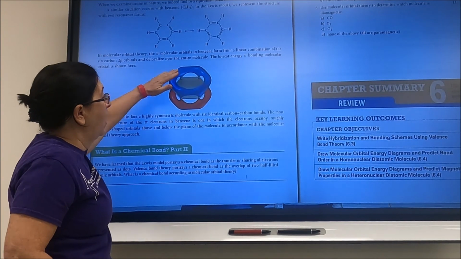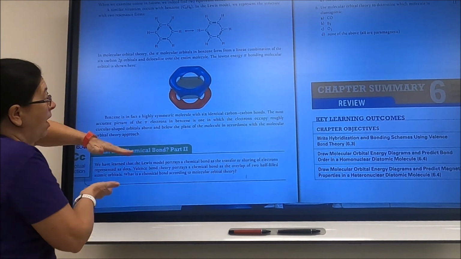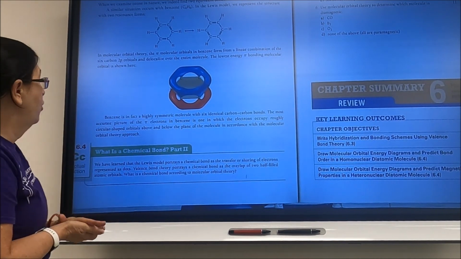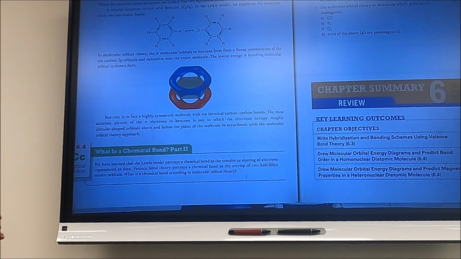We can talk about the electron density from those double bonds being smeared across the whole molecule. So it's very symmetric. It has 6 identical carbon-carbon bonds. So having that smear is the best way to represent things. And it doesn't require having 2 different drawings, okay? It explains the molecule that looks somewhere in between.